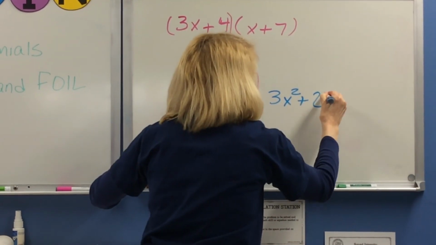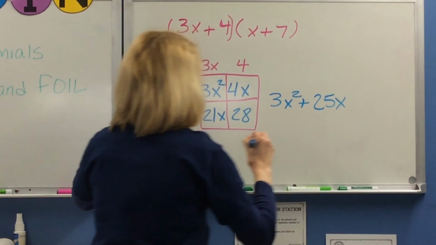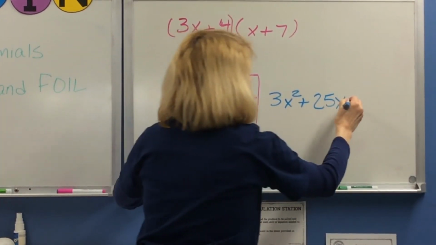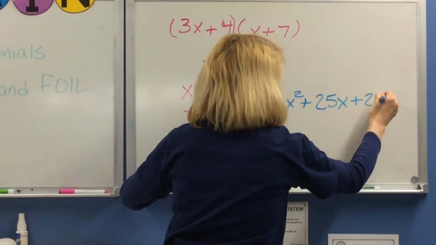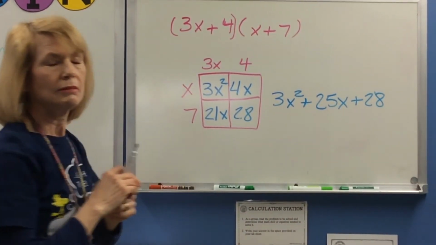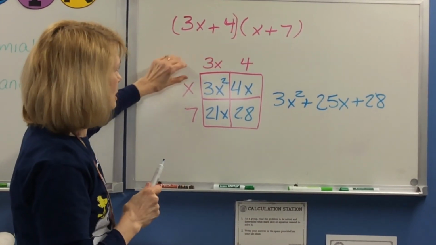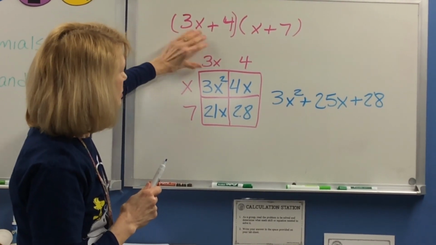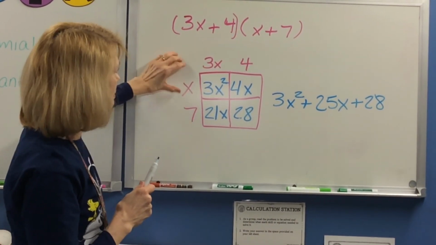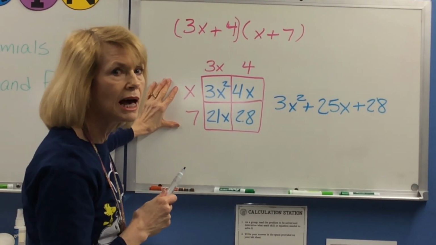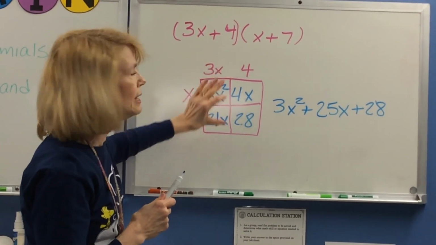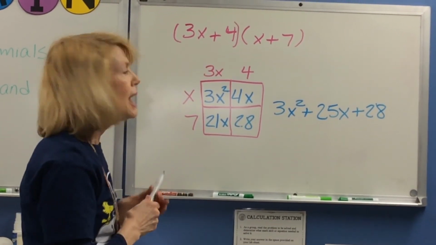Plus 25x, plus 1 constant, plus 28. Okay? That's how you multiply using a matrix. So you put the first 2 terms up on top, the second 2 terms along the side, and then you multiply in the box. Okay?